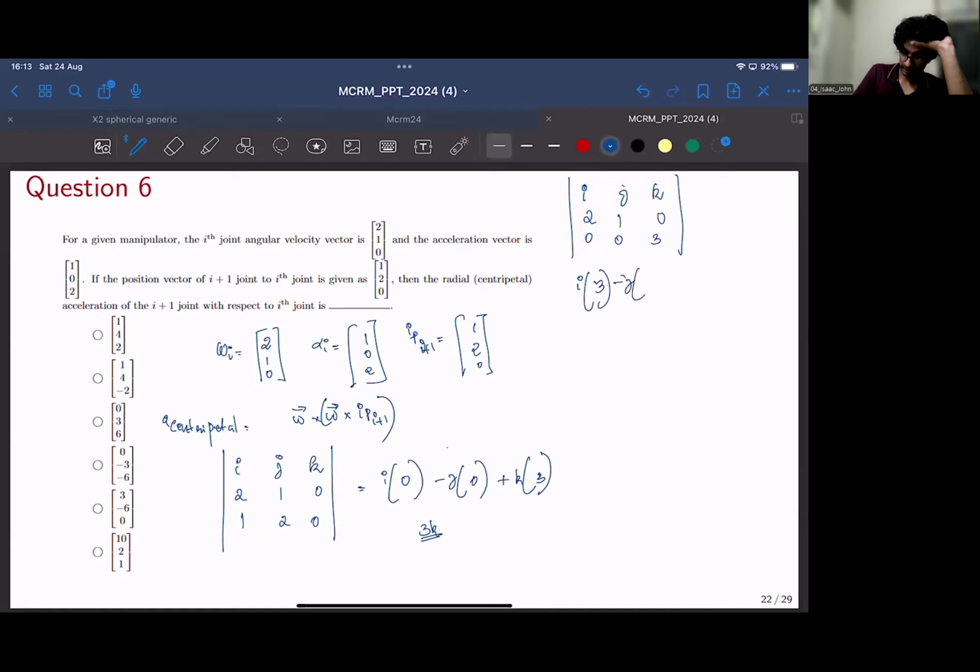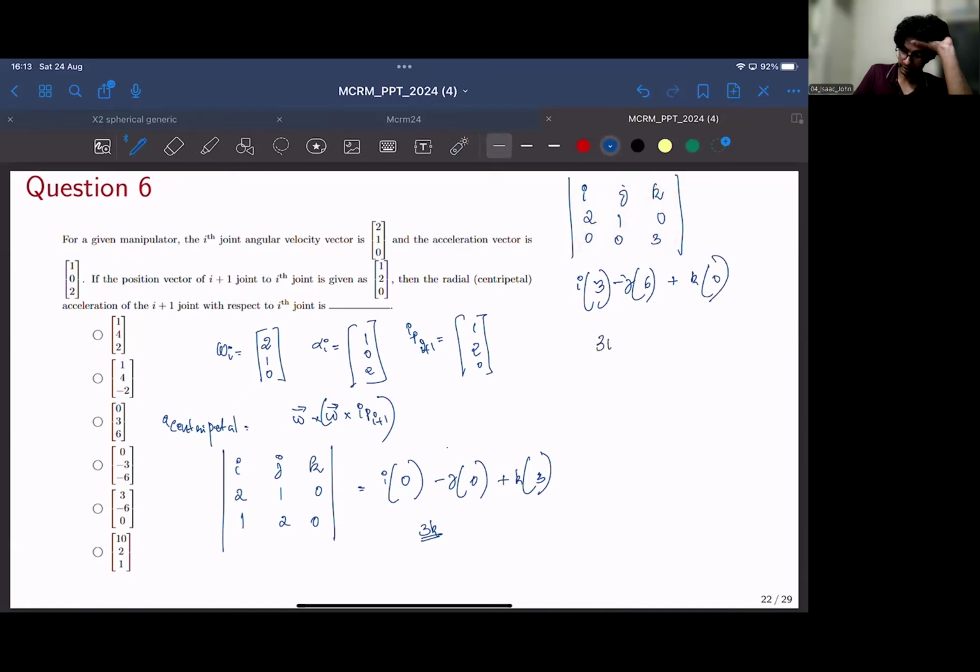minus J multiplied by, will be 6, I suppose. Plus K multiplied by, if you eliminate this and this, that will be 0.